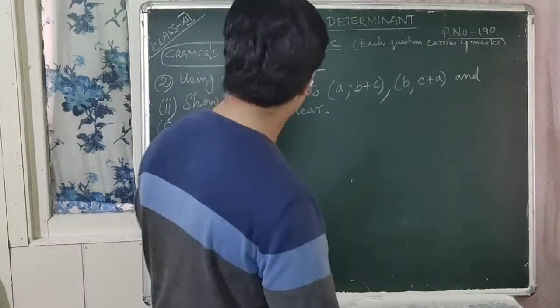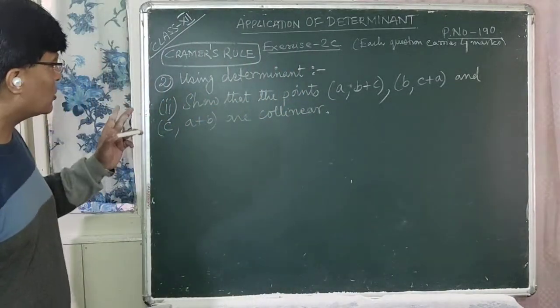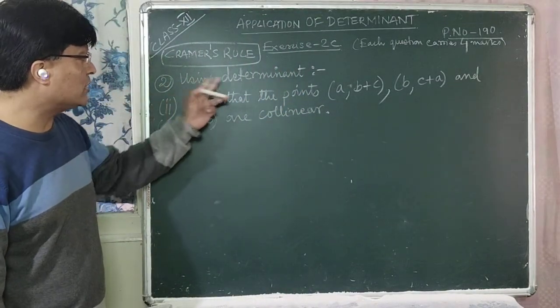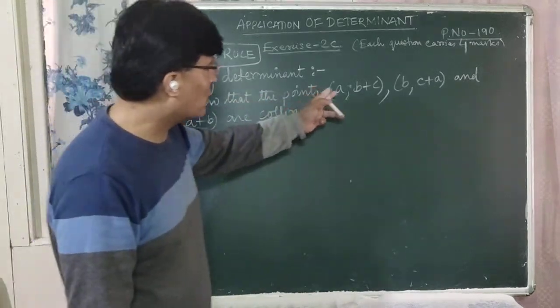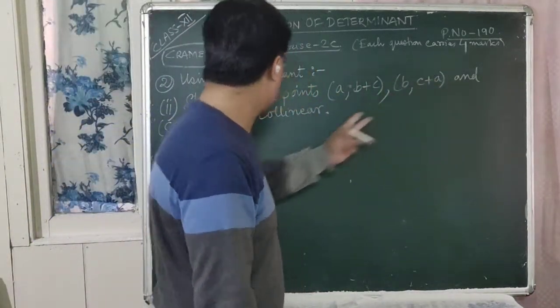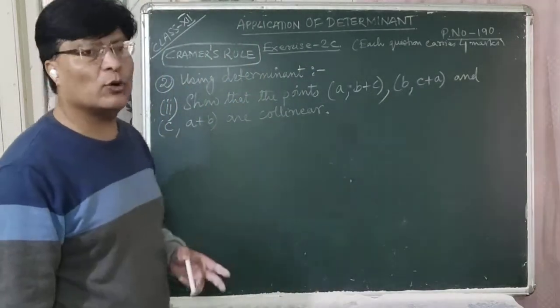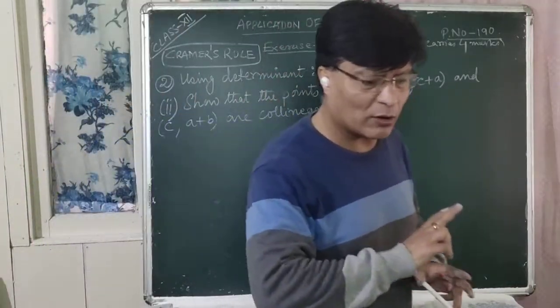Okay, but in this case, in question number 2, using determinant, show that the points a comma b plus c, b comma c plus a, and c comma a plus b are collinear. Collinear means they all lie on the same straight line.